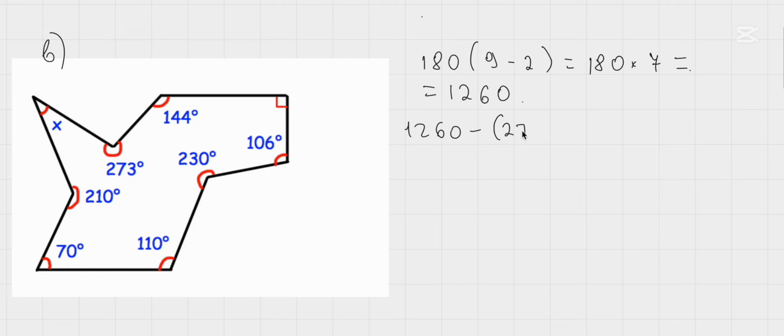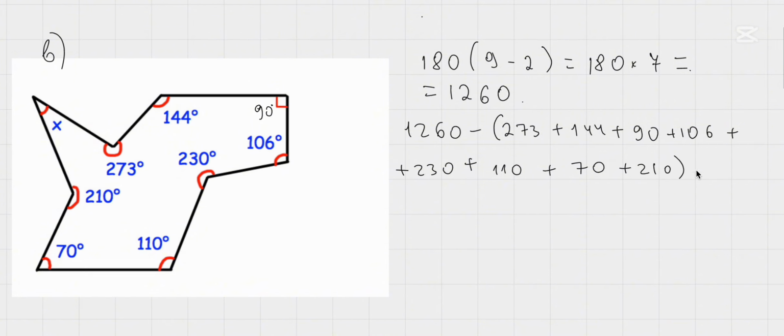So 273, 144, this is 90, then 106, 230, 110, 70, 210. So if we calculate this will make 27 degrees.